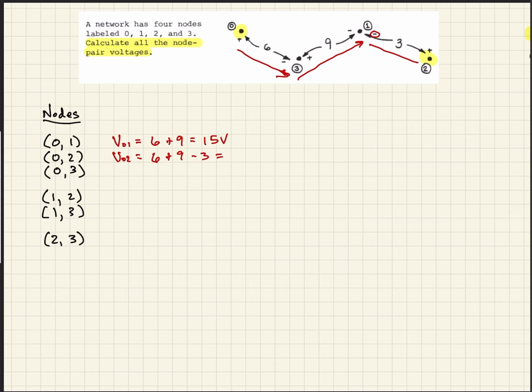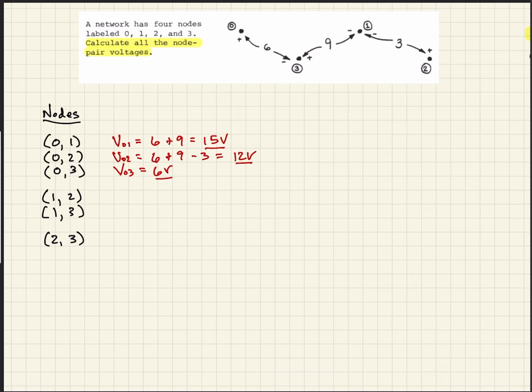And so from 0 to 2, that should be 12 volts. So we've determined that one. And finally, we want to go from 0 to 3. Well, that one's easy. We know that one directly. So V03 is just equal to 6 volts. So there's our first ones in relation to 0.